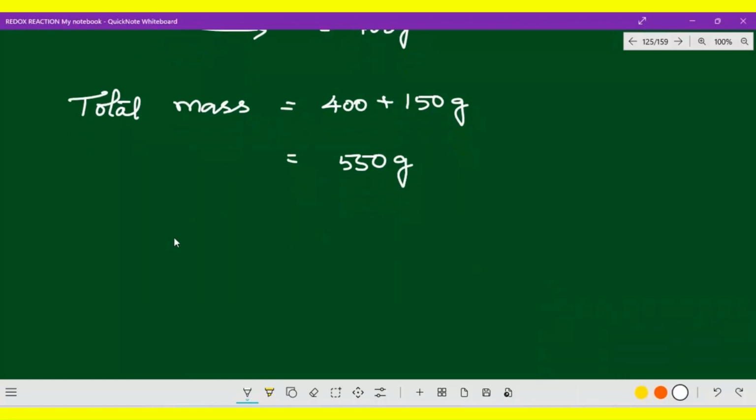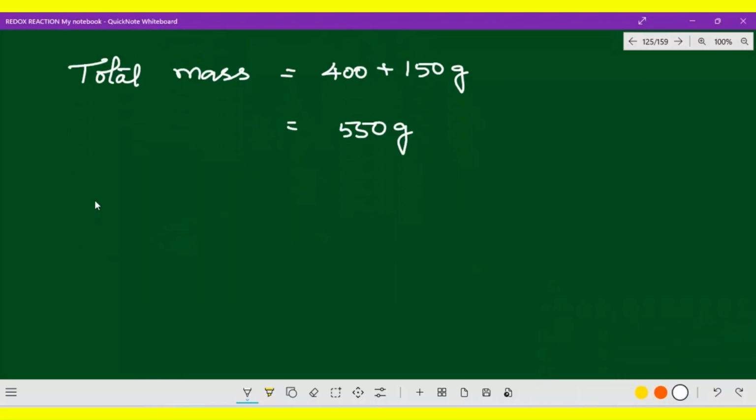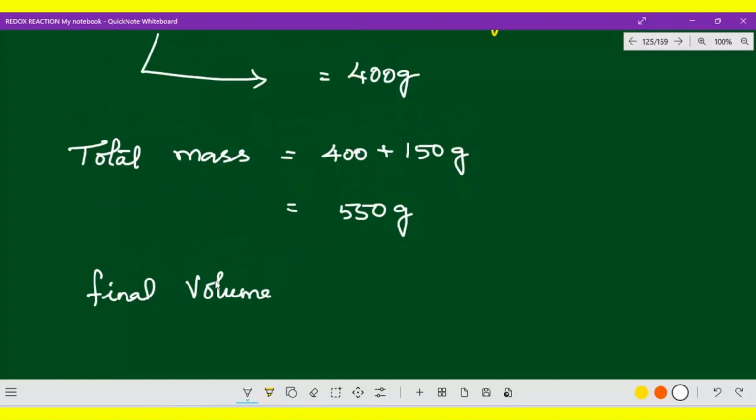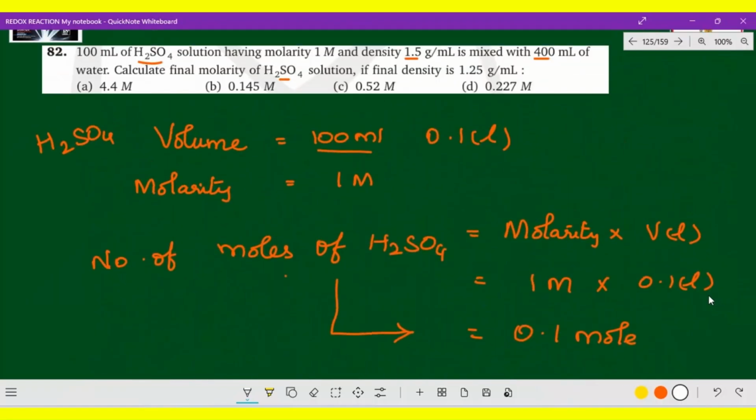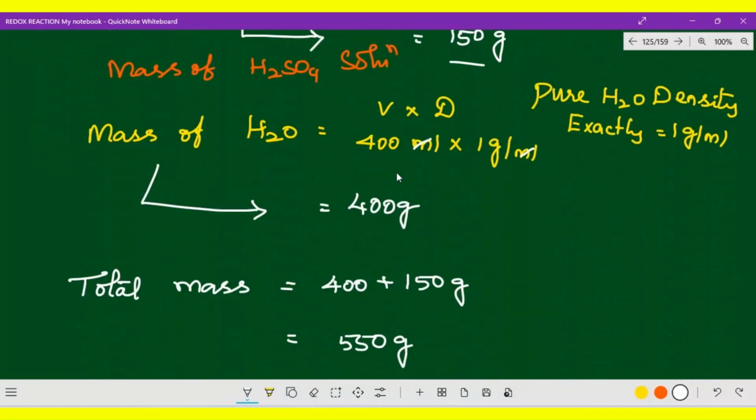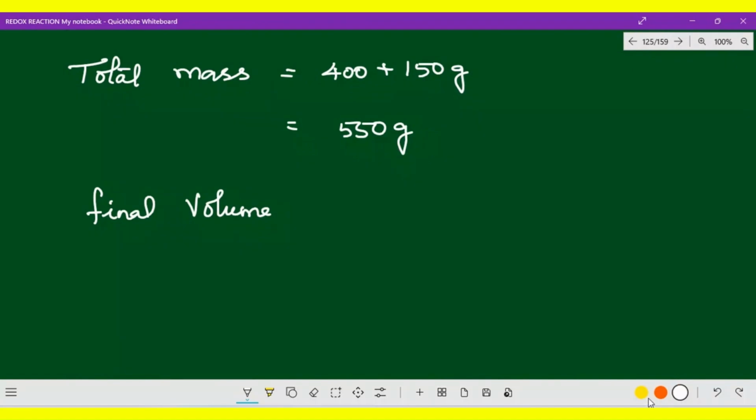Now the final volume. The final density also they mentioned, right? So the final density is 1.25 gram per ml.